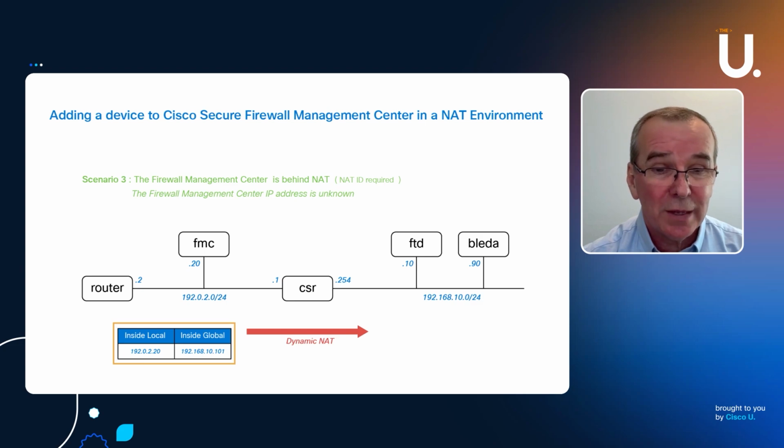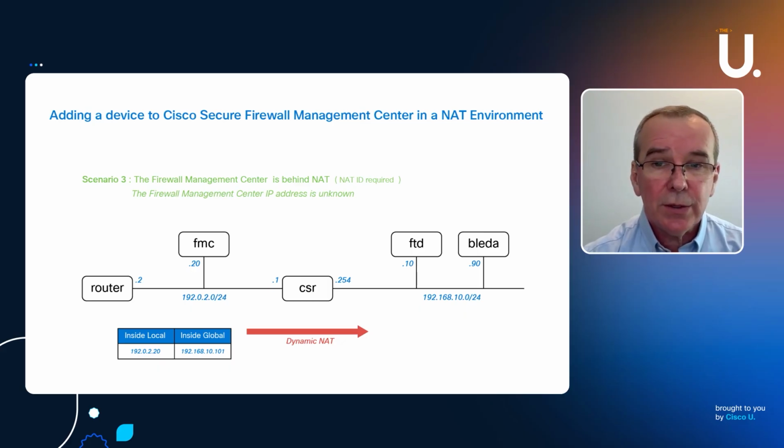Those are 192.168.10.101 to 102. So if we have an outgoing connection from the manager, which has got an address of 192.0.2.20, its inside address is going to be translated to 192.168.10.101.